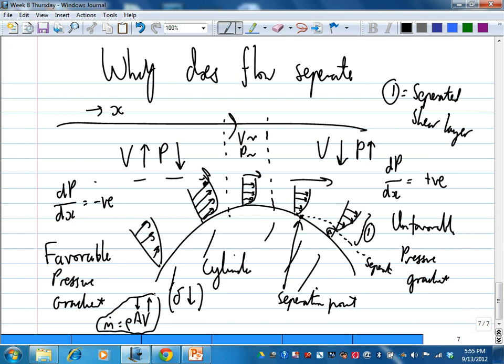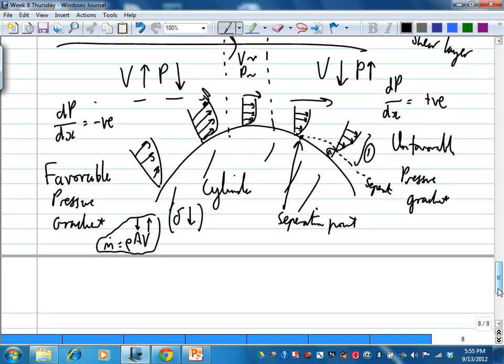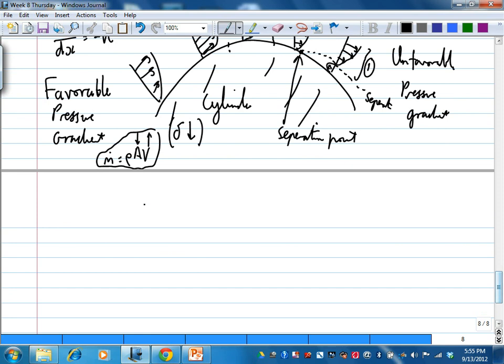Okay. All right. So, final point. Actually, two things. Final point and then the application. So you recall laminar boundary layer like this. Turbulent boundary layer like this.